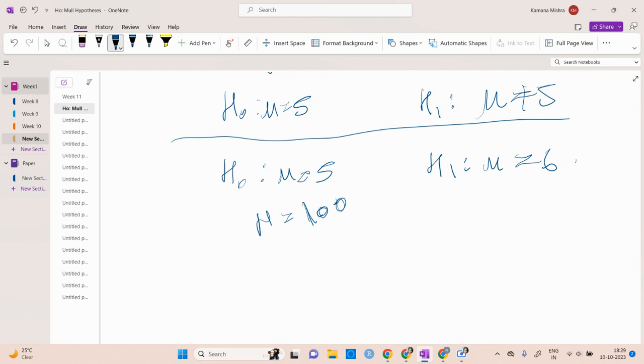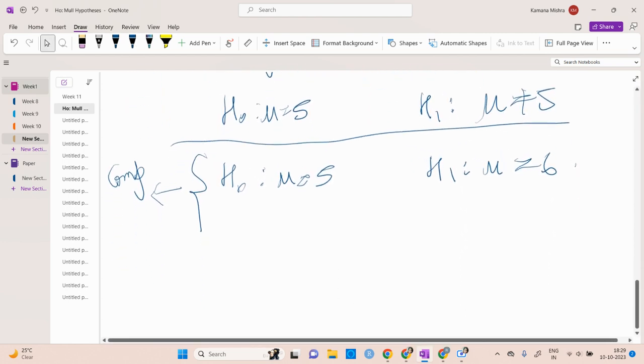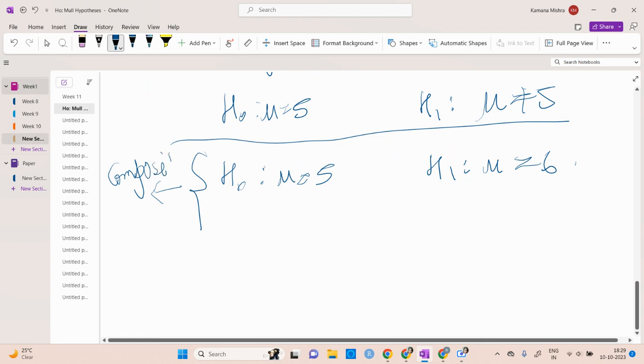So we are not giving any kind of information, we are not specifying the whole distribution. So this one will be a composite hypothesis.